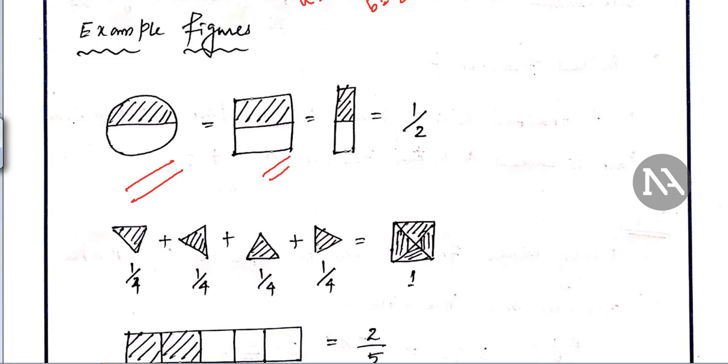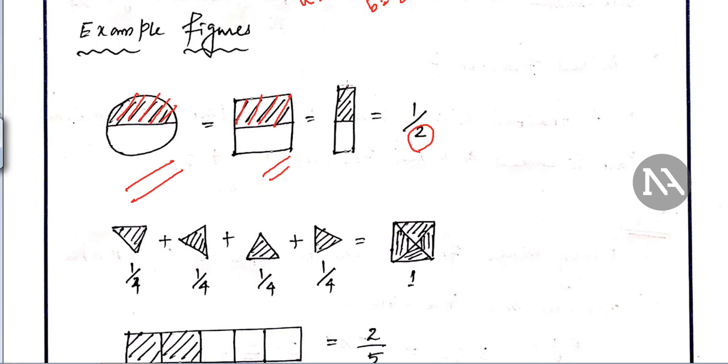The circle has been divided into 2 parts, and out of the 2 parts one part has been shaded. Here also the square has been divided into 2 parts. One part has been shaded.